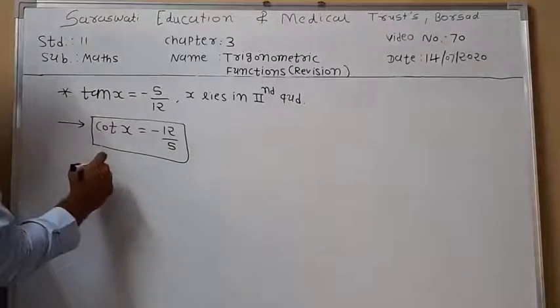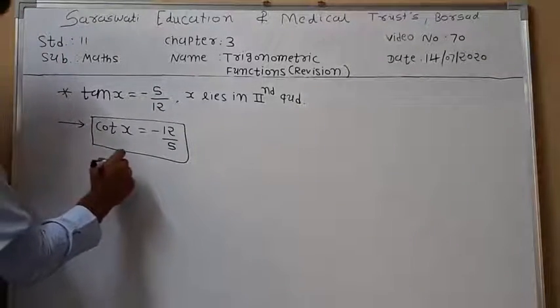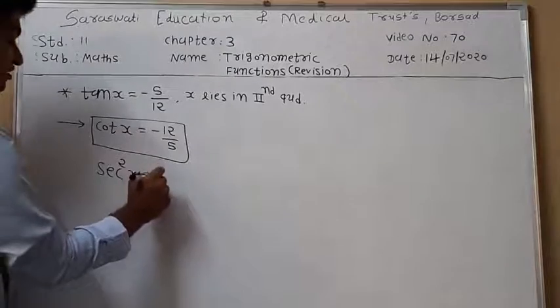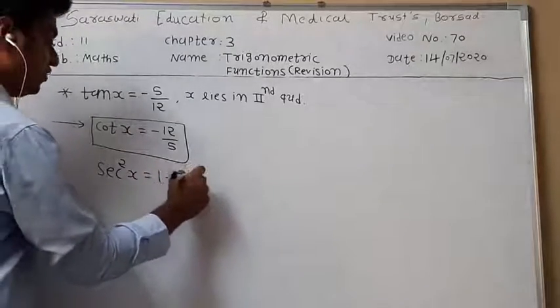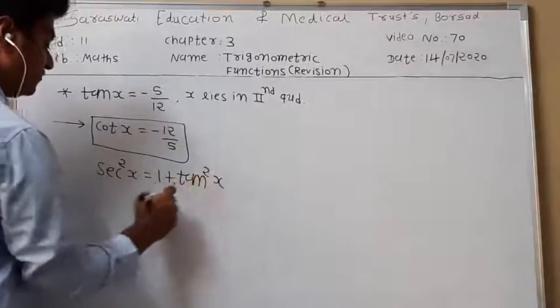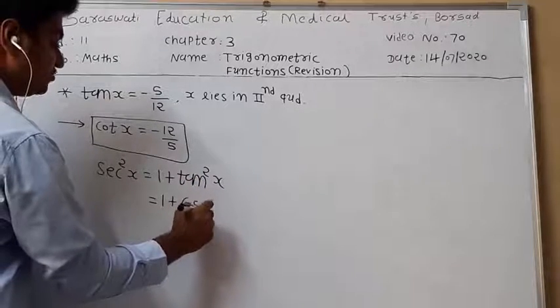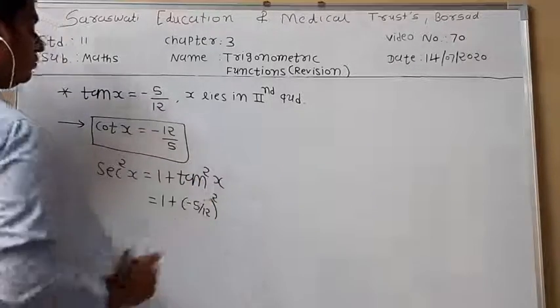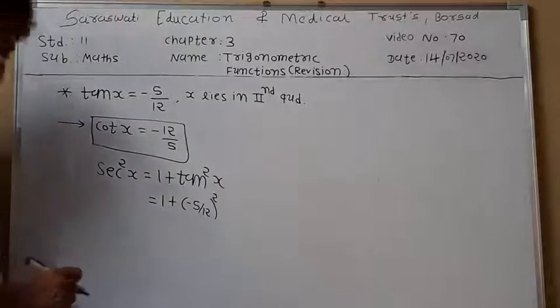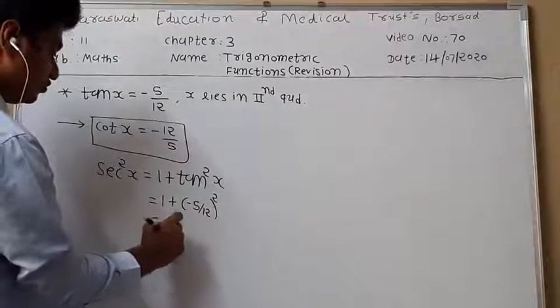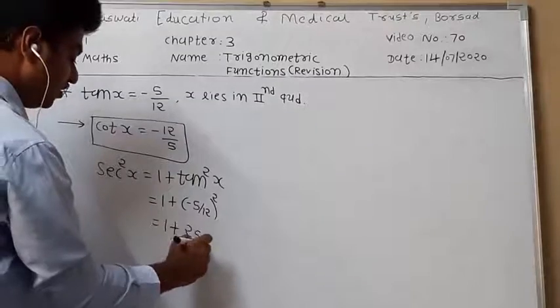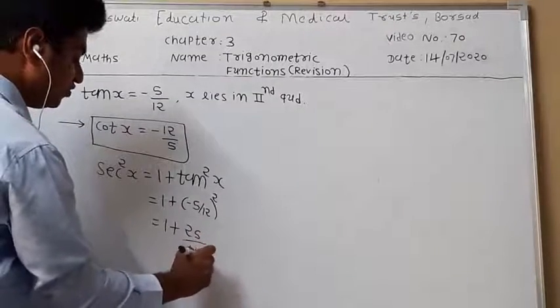Using this result, sec square x is equal to 1 plus tan square x, which is 1 plus minus 5 upon 12 whole square, which is 1 plus 25 upon 144.